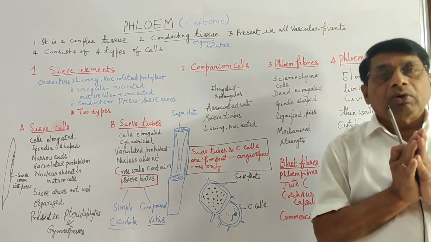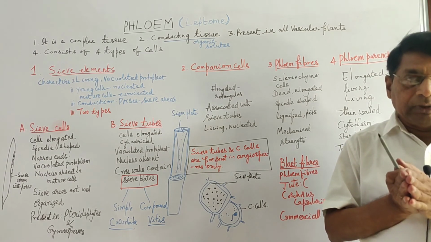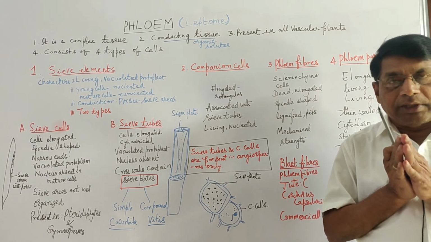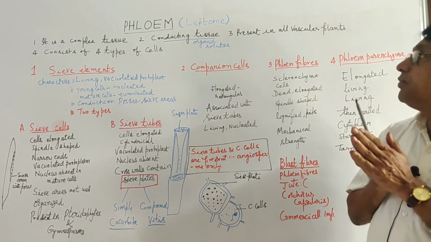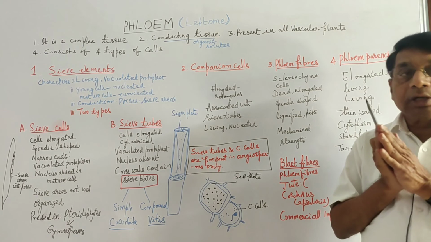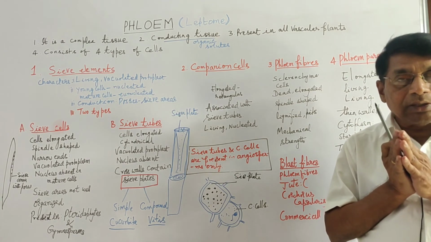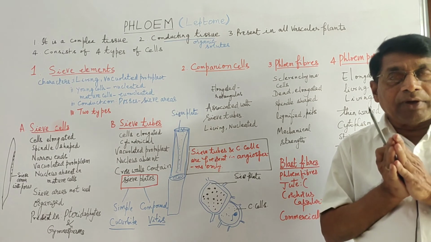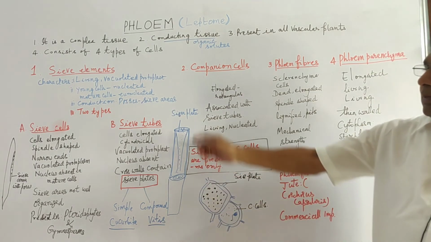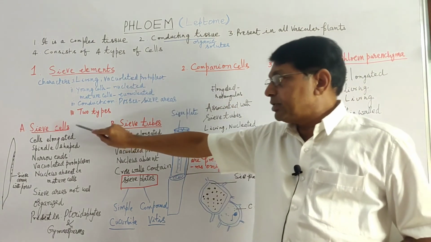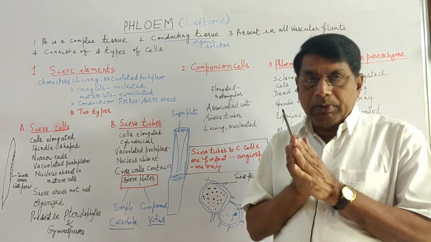Thus, phloem is a complex conducting tissue present in vascular bundles. It consists of 4 types of cells: sieve elements, companion cells, phloem fibers, phloem parenchyma. Sieve elements are sieve cells and sieve tubes. The main difference is shape.